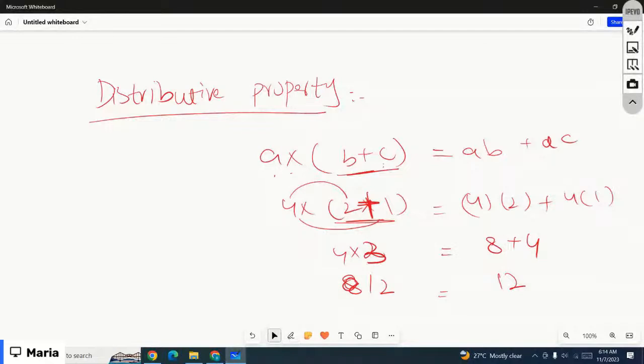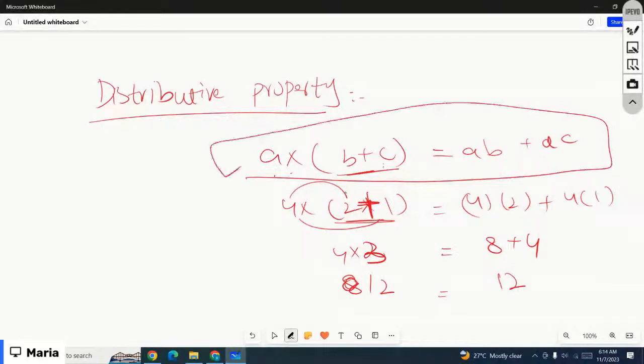So you can see both sides are exactly the same. That is the distributive property. a times (b plus c) equals ab plus ac. The three numbers on both sides, a, b and c, are the same, right?